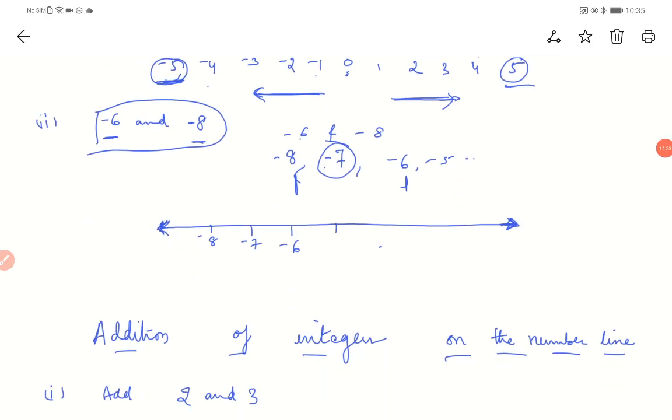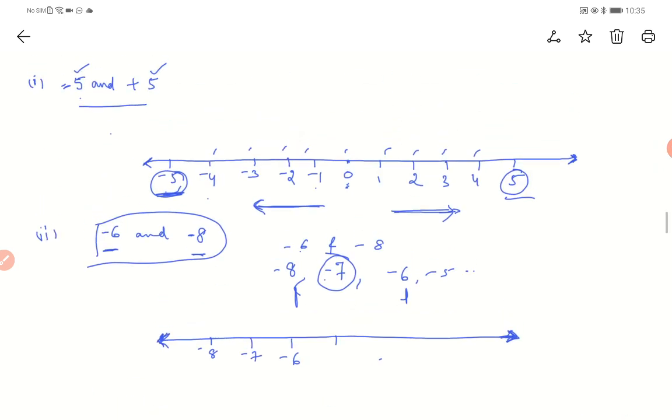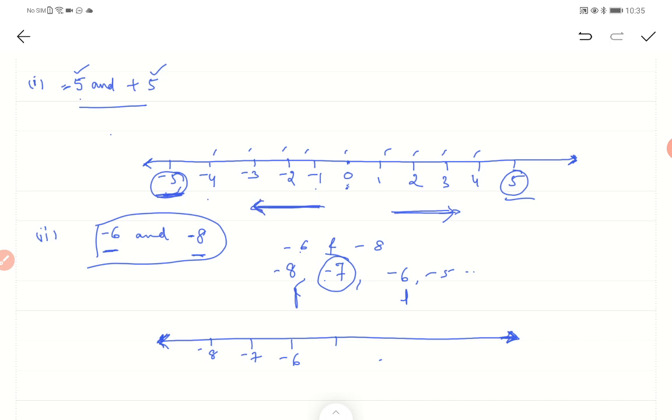Always remember, on the number line, on the left-hand side you have smaller numbers. As we go on, the numbers keep decreasing on the left side, and on the right side the numbers keep increasing. So 0 is less than 1, whereas 1 is greater. 0 is greater than minus 1. Minus 1 is greater than minus 2.